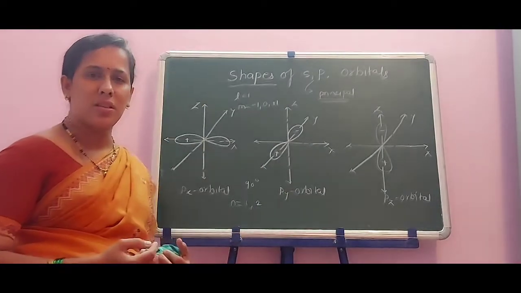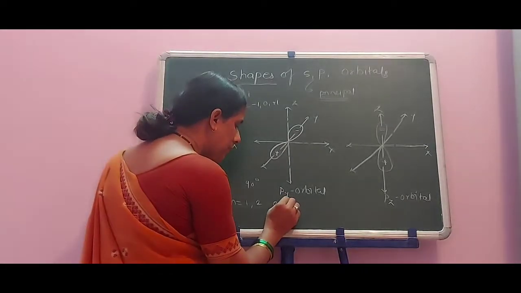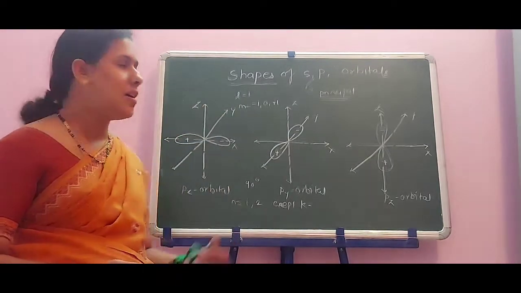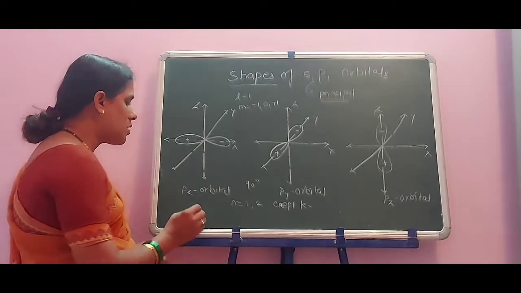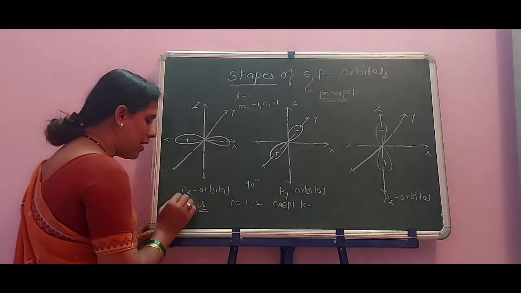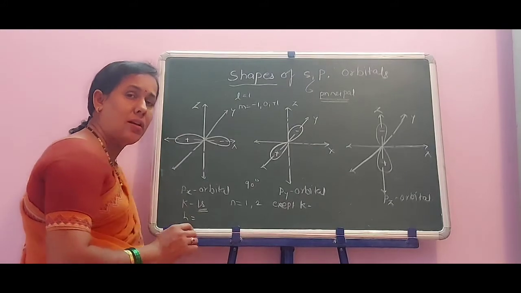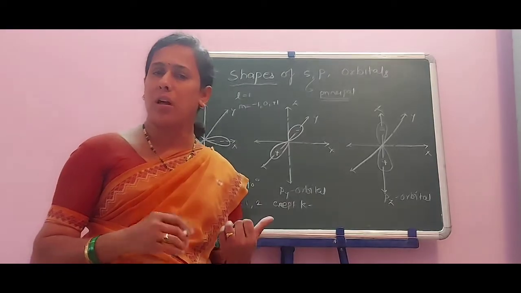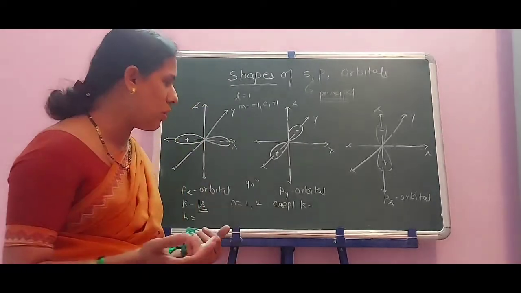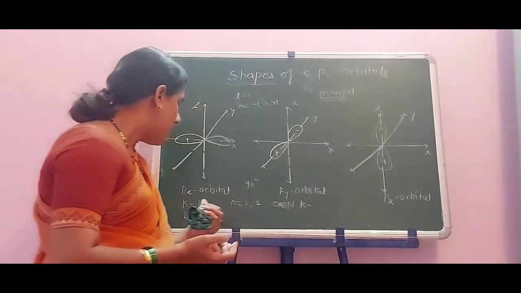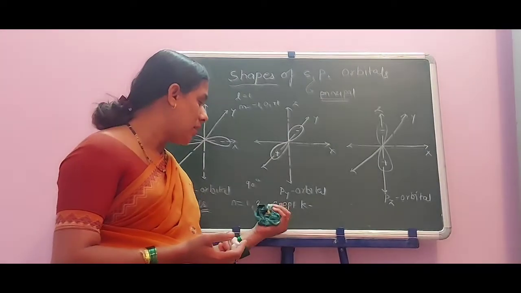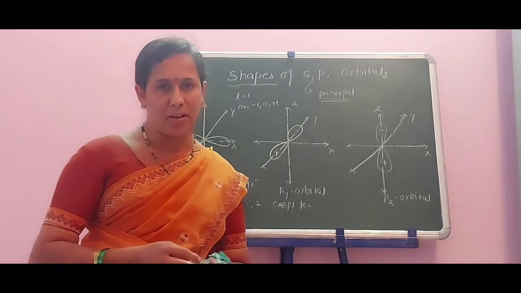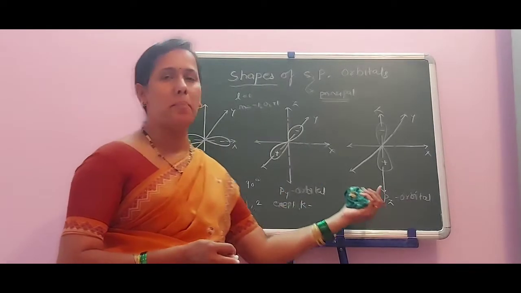Also, except for the K shell, all the shells possess p orbitals, because the L shell has the s orbital along with a p orbital, and the M shell has d orbitals as well, and so on. Thus, these are the shapes of the p orbitals.